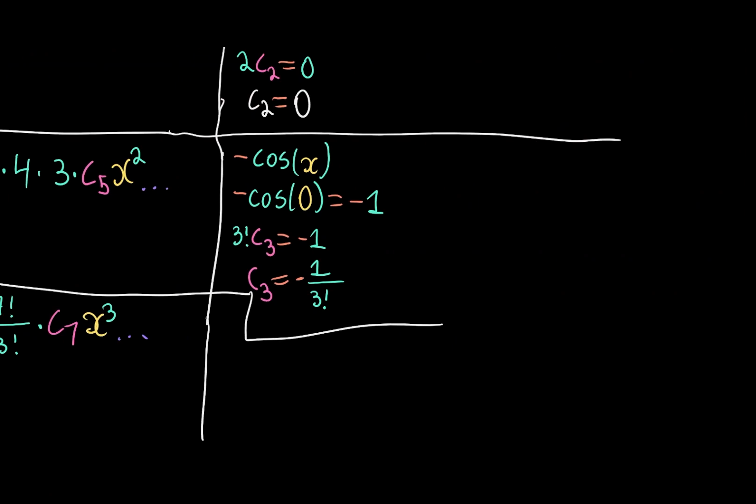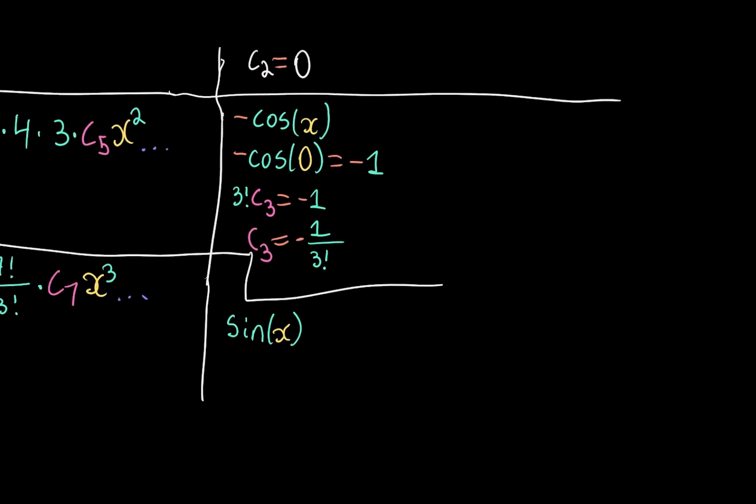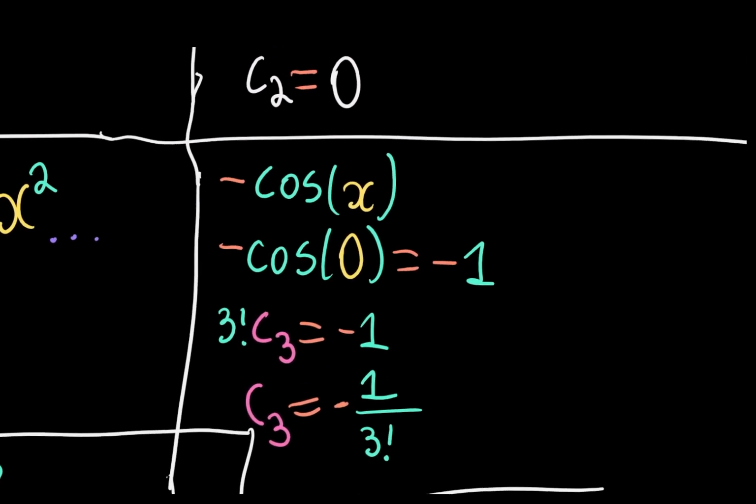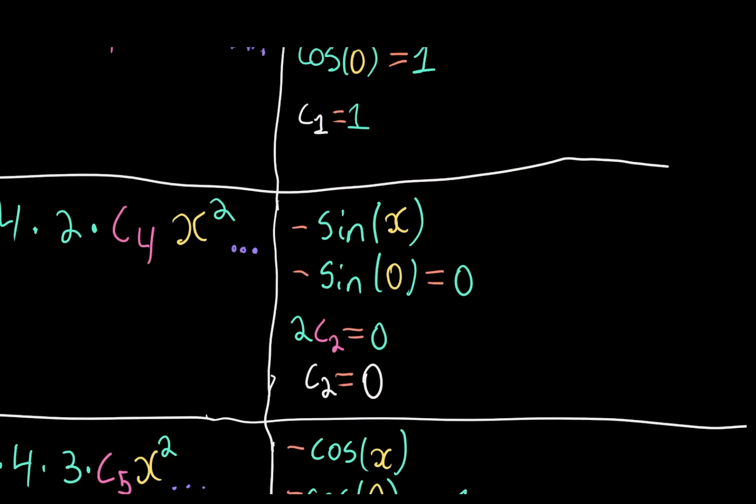All right, and then let's find our derivative. And something big happens here. So derivative of minus cos x is sine of x. This is pretty substantial because the derivative of minus cos x is sine x, as I said.